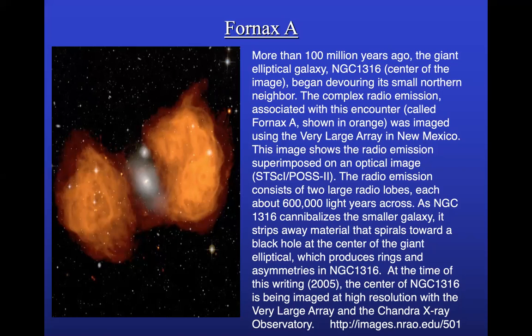So this is why observations at different wavelengths are important. If you need to get the complete picture, you have to observe the same object in different wavelengths, because it will emit different wavelengths in different regions. So you have to combine everything to get the full, complete idea about a particular object.